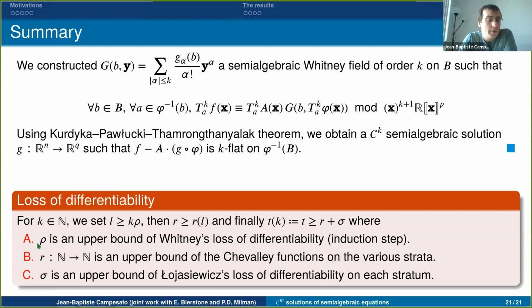The rho was probably a different rho for each induction step, but since we have finitely many iterations, you can just take an upper bound of the rho. The Chevalley function: we have a different one for each stratum, but since we have finitely many strata, we can just take an upper bound of the Chevalley function. And similarly, for each stratum, we obtain this Łojasiewicz exponent sigma, and since we have finitely many strata, we can just take an upper bound of this sigma, so that this loss of differentiability function is well defined.